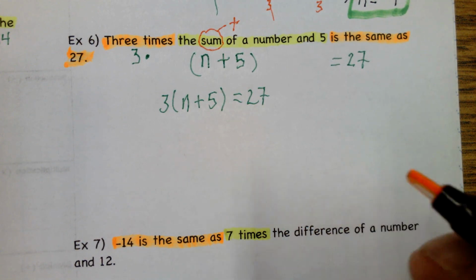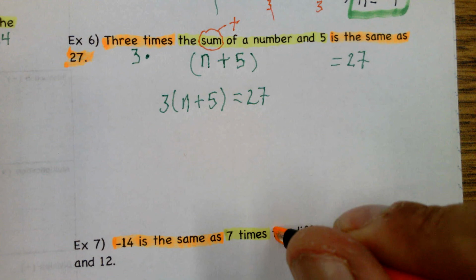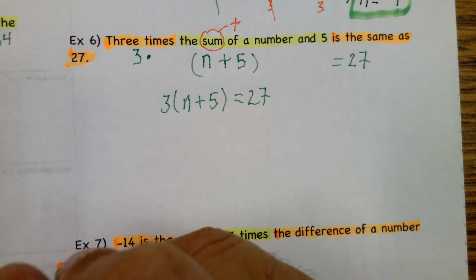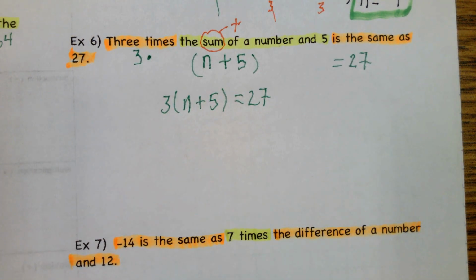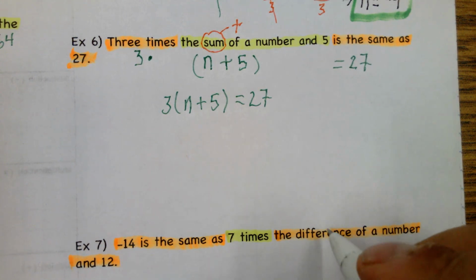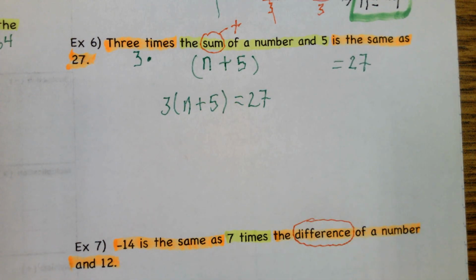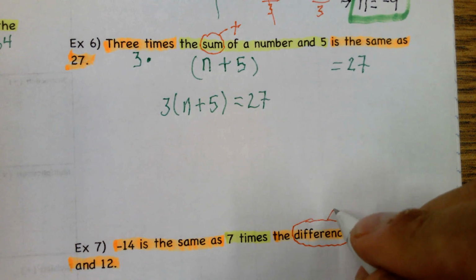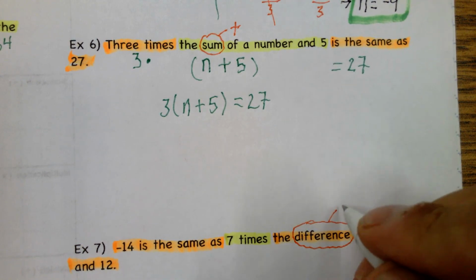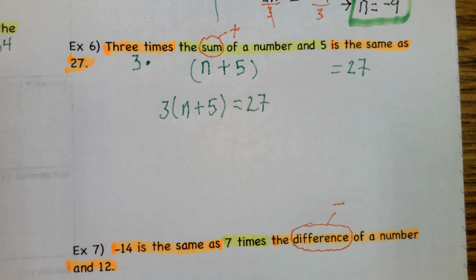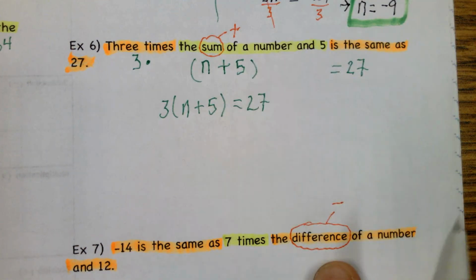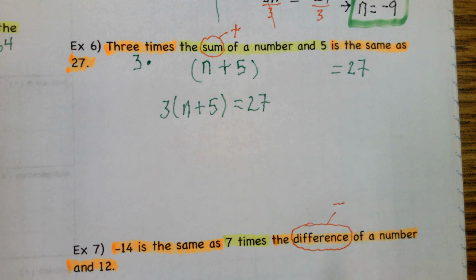And then the final phrase is the difference of a number and 12. And the word difference tells us to do what? Mathematically. Subtract. Tells us to subtract. They're kind of partners, sum and difference. Okay? So just like sum told us to add, this is telling us to subtract.